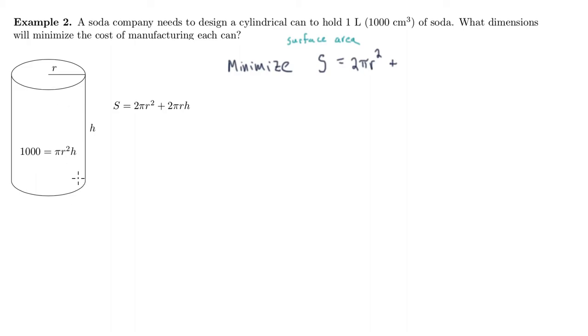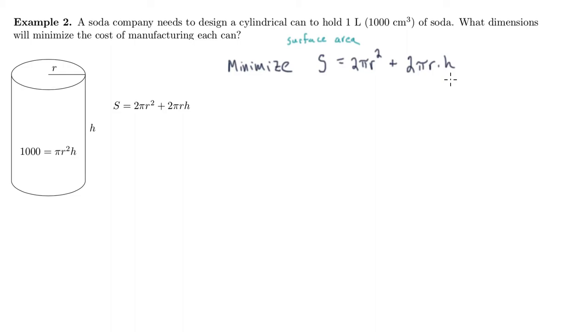If you think about the outer shell of a cylinder, it's just a rectangle that you fold into a circle. If you don't believe me, just take a piece of paper. The dimensions of that rectangle are the height times the circumference of the circle, so it's 2 pi r times h. So that's the function we want to minimize.